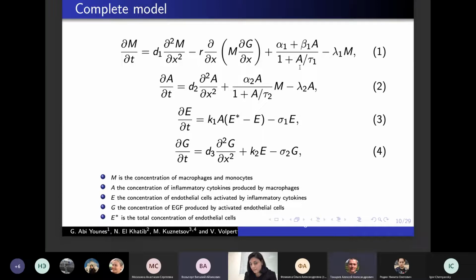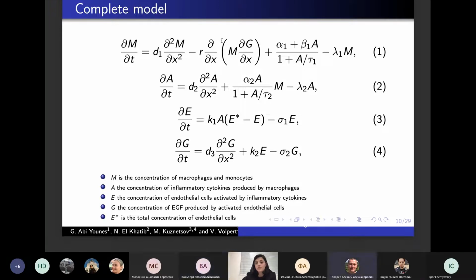Right. In this case, I don't understand completely, because your second term is the term of chemotaxis just across the vessel wall. No, sorry, not across the vessel wall, but along the vessel wall in the longitudinal direction. Right, so X is the axial direction.